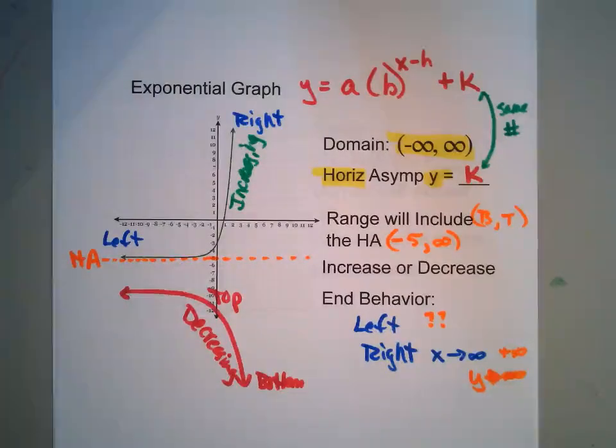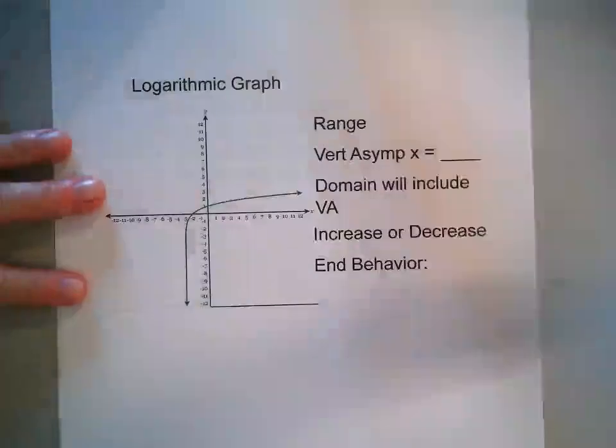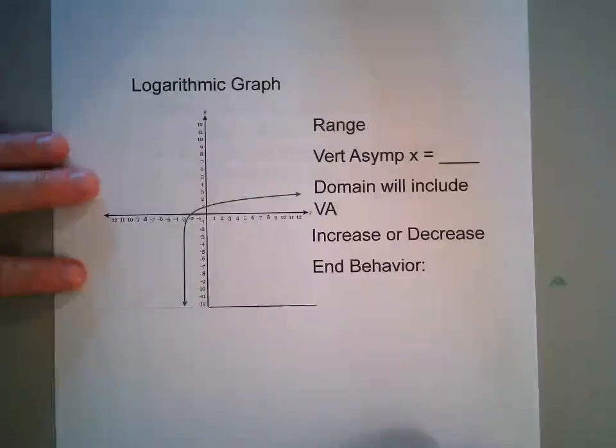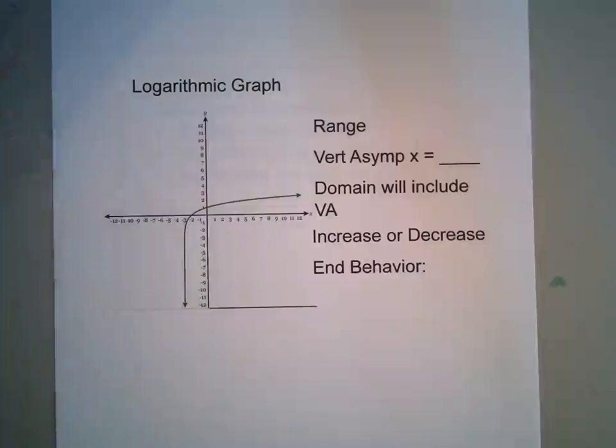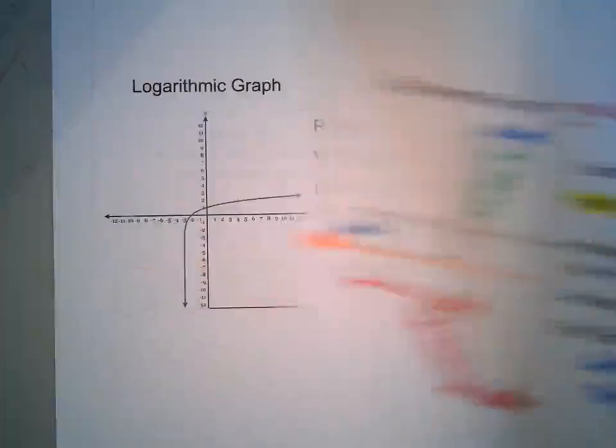So that's some guidance on how to do an exponential function. I'm going to give you some guidance on how to do a logarithmic function, and then we'll look at a couple of Delta Math problems and move from there. I didn't copy this down, but this is a logarithmic graph. It does look a little bit different, I promise.